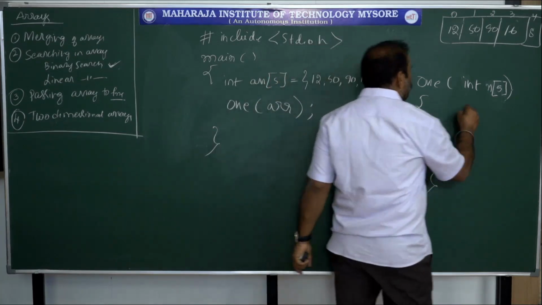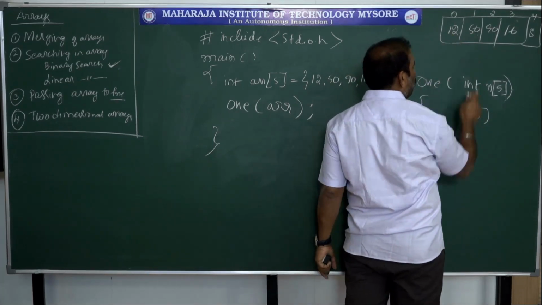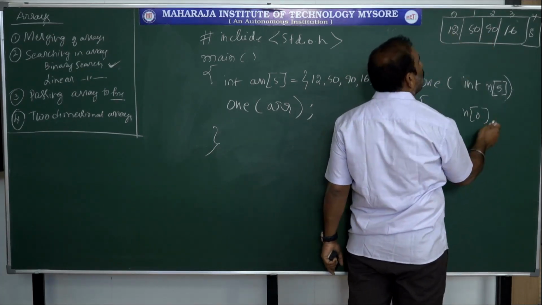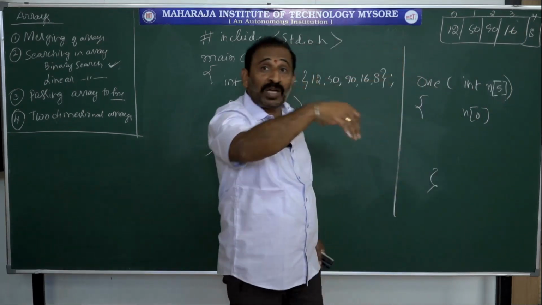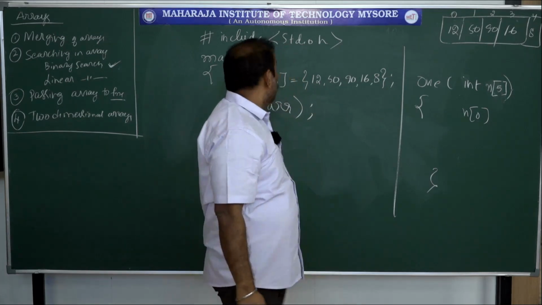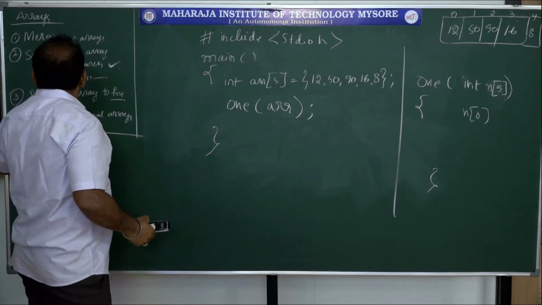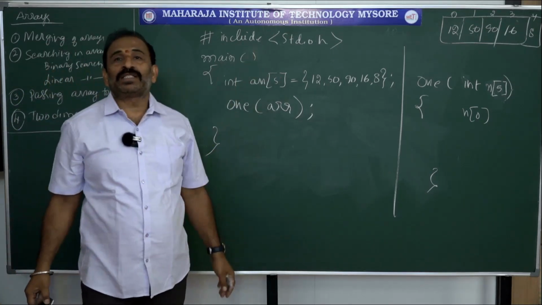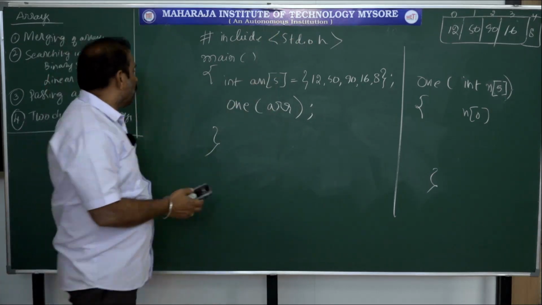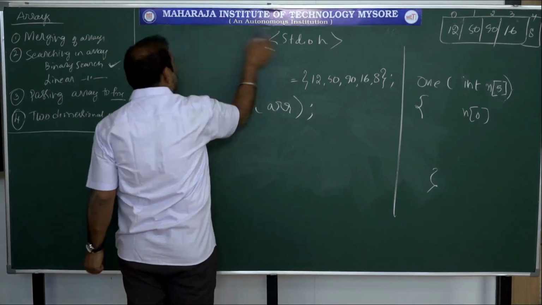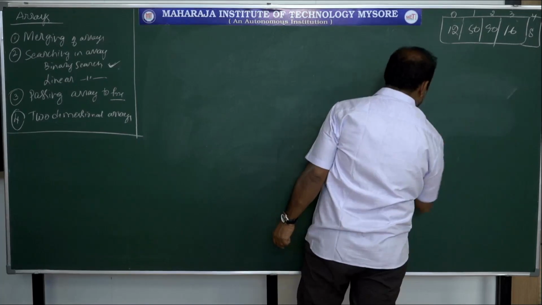So what is n of 0? n of 0 is 12. n of 1 is 50. n of 2 is 90. n of 3 is 16. n of 4 is 80. All these values are already transferred. So you can pass parameters. Individual array elements can be passed, or the array as a whole can be passed to the called function. So this is what you are supposed to see. We will see some examples in the example videos, right?